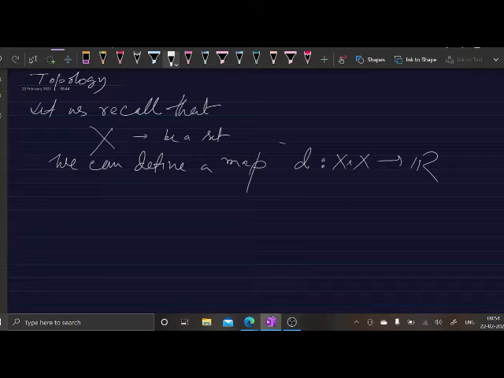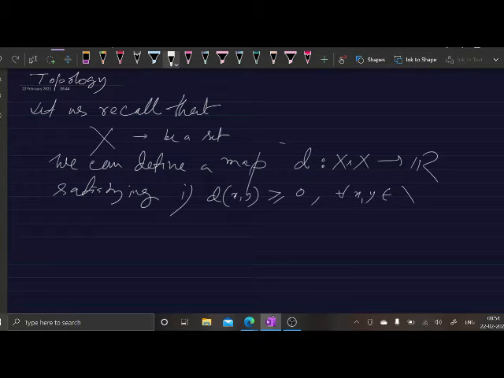D from X cross X to R, satisfying the following conditions. That is, D should be a non-negative map. D of xy is 0 if and only if x and y are equal.